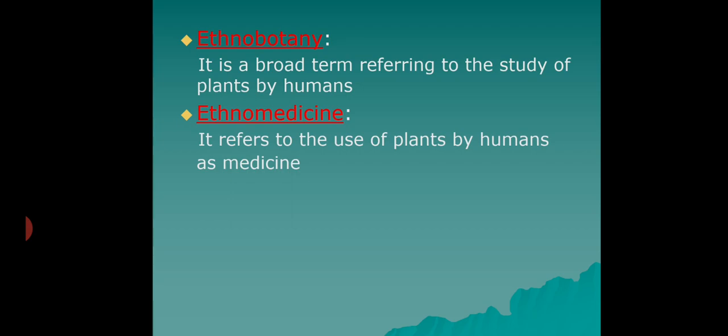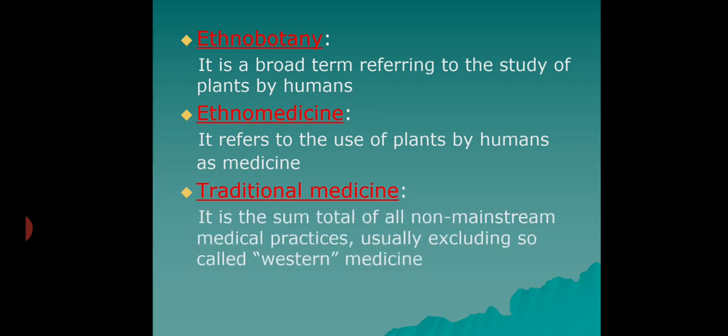If humans study plants, it is called ethnobotany; humans using medicinal plants as medicine is called ethnomedicine. Then what is traditional medicine? It is the sum total of all non-mainstream medical practices, usually excluding so-called Western medicine. Western medicine means the allopathic system of medicine.